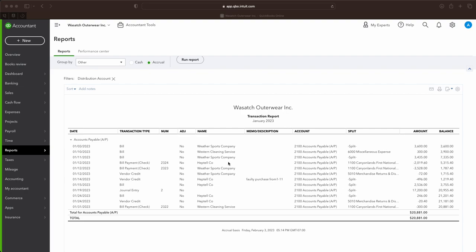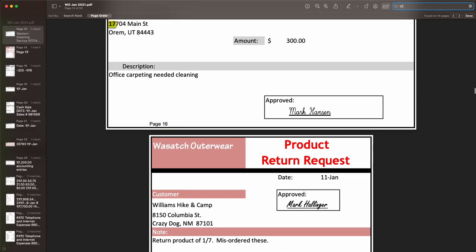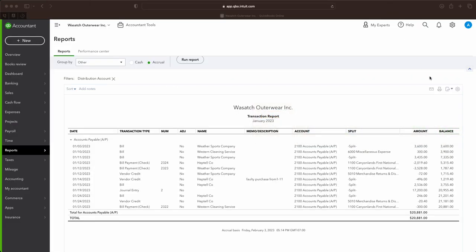They paid a portion of that, I'm assuming it's down here. Split. $17,000, that's the truck, right? Yeah, that's the truck.